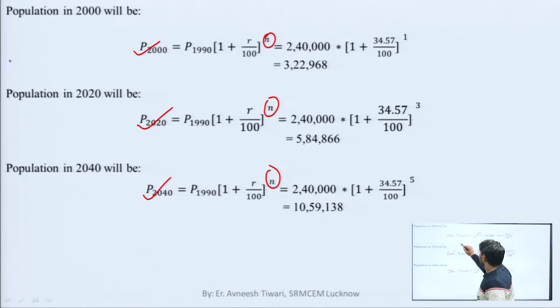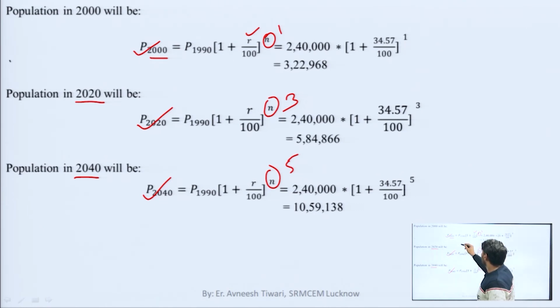For P2000 we put the value n as 1 because the number of decade between 1990 to 2000 is 1, and from 1990 to 2020 the number of decade is 3, and from 1990 to 2040 number of decades is here 5. So we have already calculated the value of R, and here the value of n is already known.